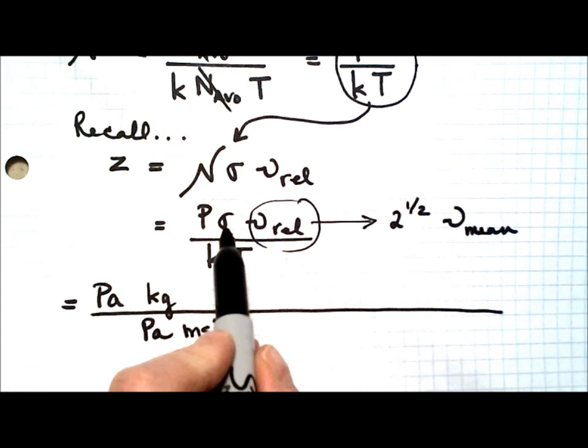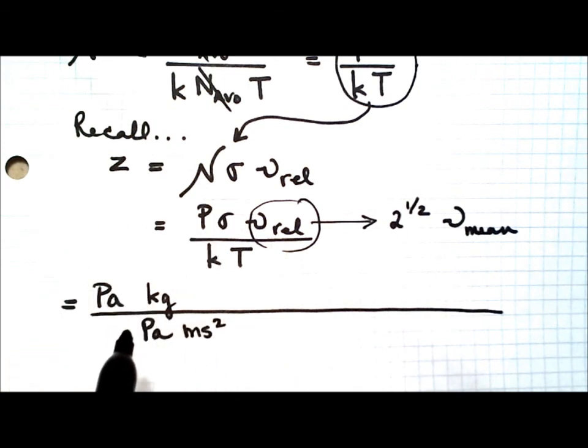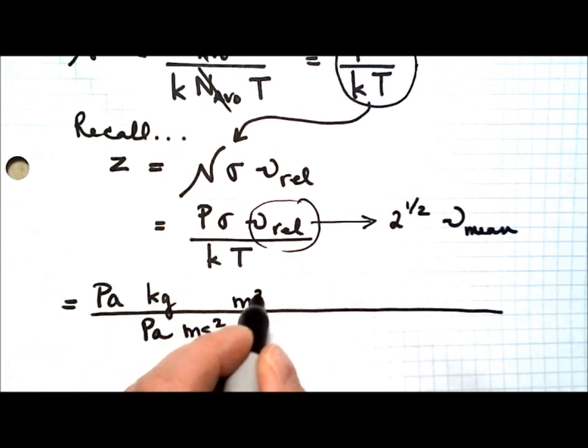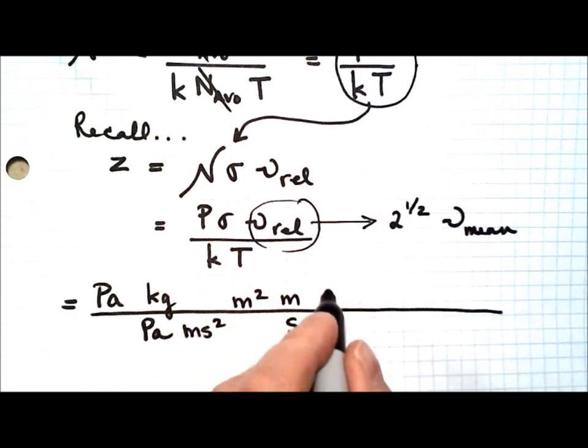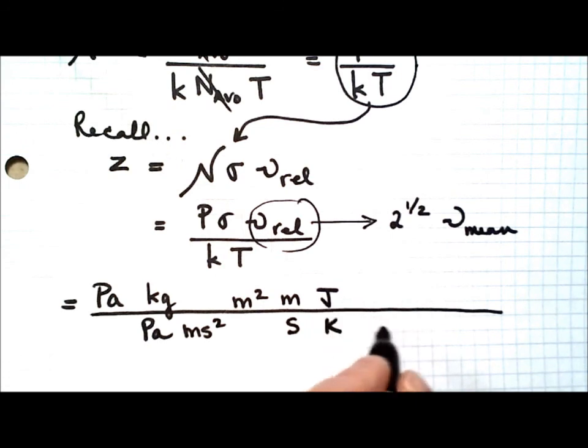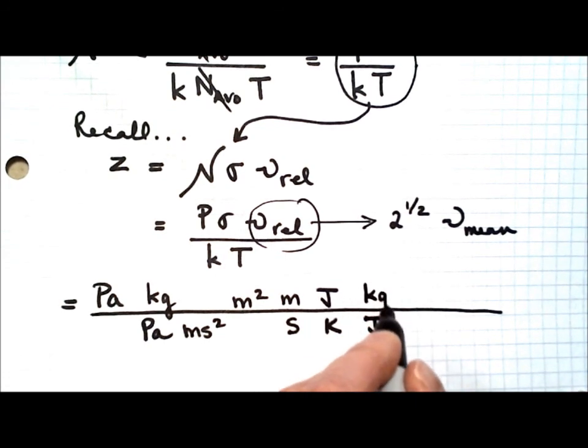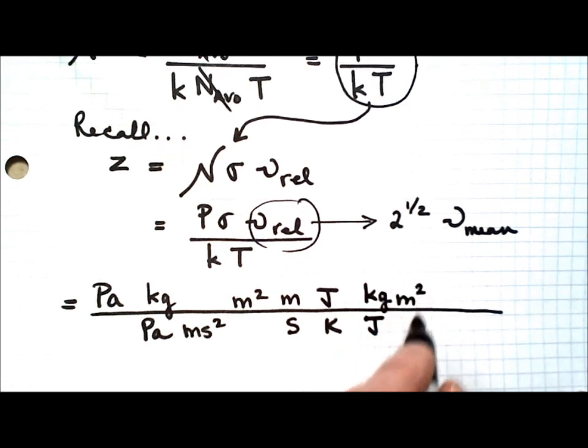Okay, and then I've got my sigma, which is going to be in meters squared, and then my speed, which will be meters per second, and then this is joule per Kelvin, but one joule is a kilogram meter squared per second squared, and then I multiply that by Kelvin.